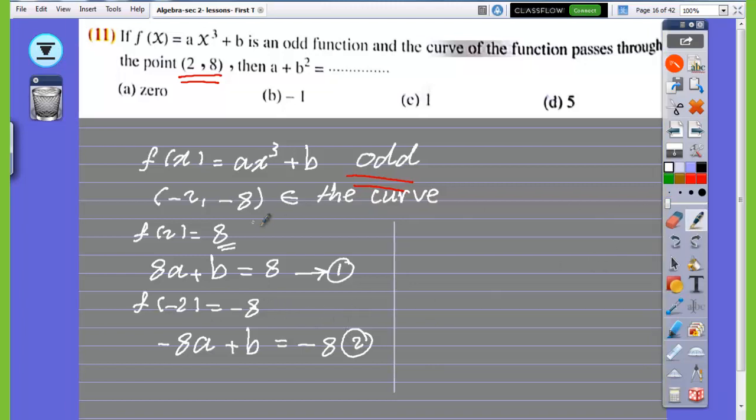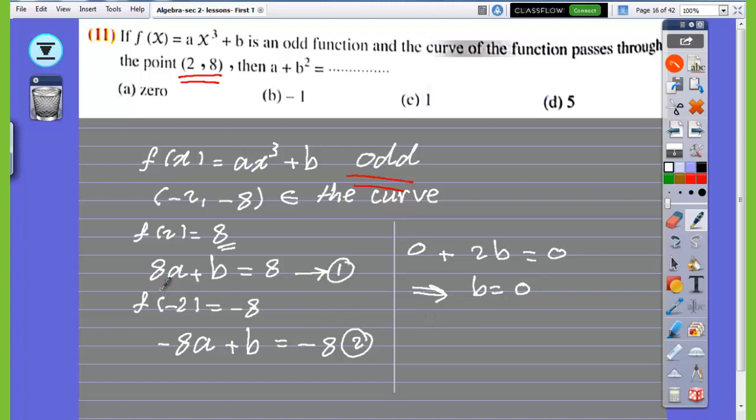You can use a calculator, or you can solve it quickly by adding the two equations. 8a plus -8a equals 0, b plus b equals 2b, equals 8 plus -8 equals 0. It means b equals 0 divided by 2, which equals 0.